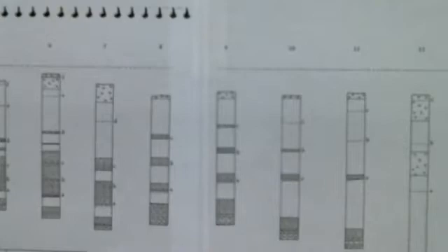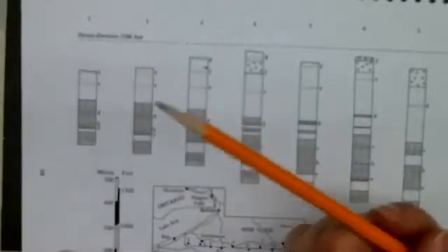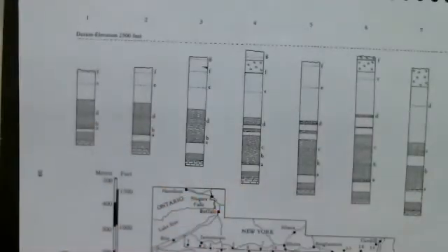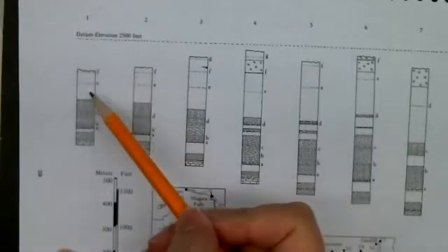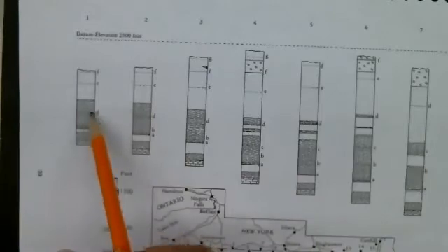All right, the next thing we're going to do is take a look at the fossils that are in these rock columns and the materials. The patterns that are used for these rocks are universal. There's that speckled pattern, that's sandstone. This is the dashed line pattern, that's shale.